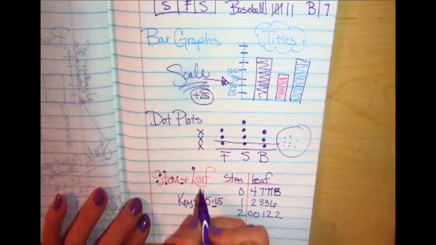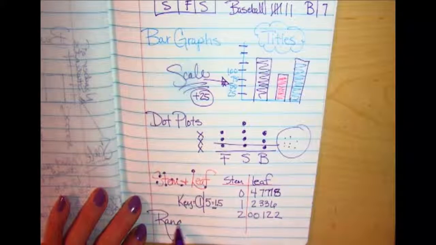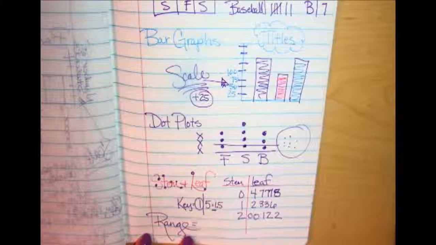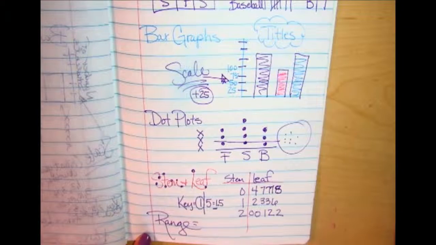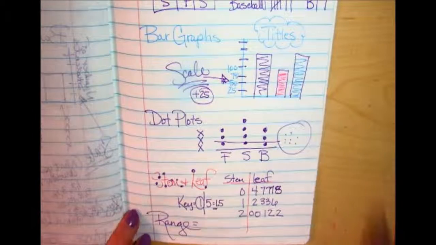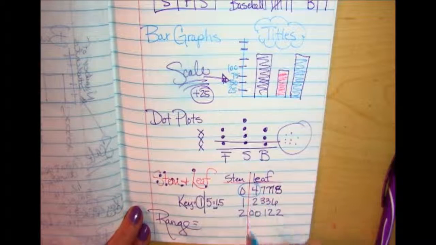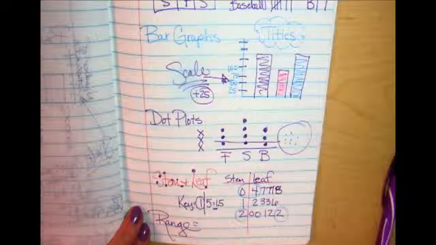However, another word you're going to have to know is range. And it'll say what's the range of the data in this stem and leaf table. And basically, when you're doing that, you just take the smallest number in the pile and the largest number in the pile, and you subtract.